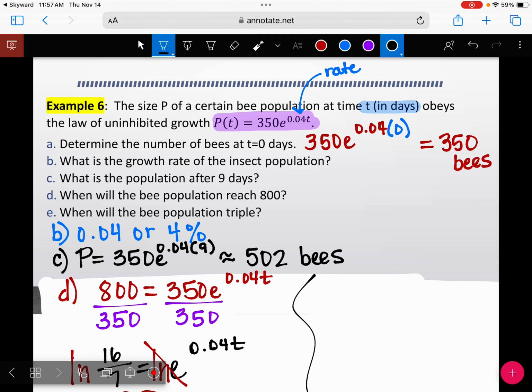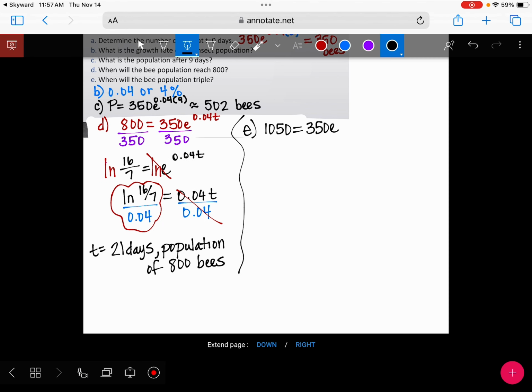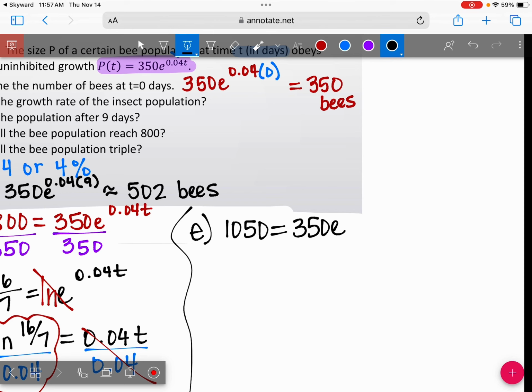So this is part E: 1,050 equals 350 e to the power of 0.04 t.